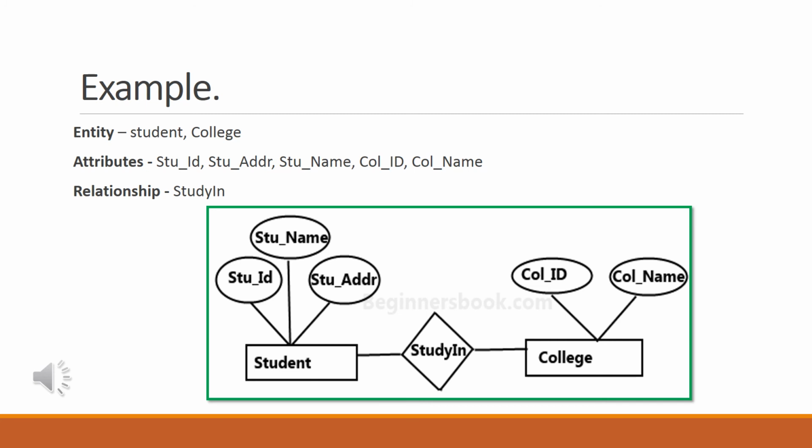Similarly, the college can be recognized by the college ID or the college name. So the properties that define a particular entity are known as attributes. And this relationship, which is represented in the diamond shape, that is study in, connects both the entities, that is, the student is studying in this college. So this is a relationship which connects both the entities.